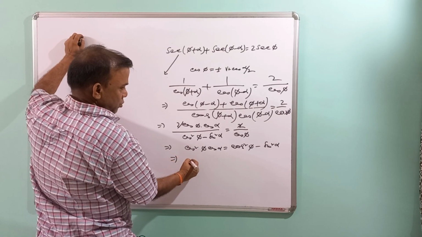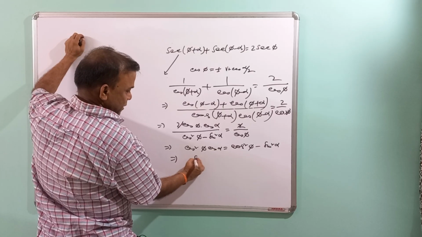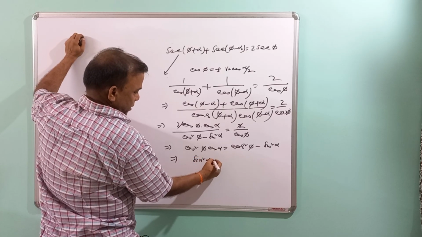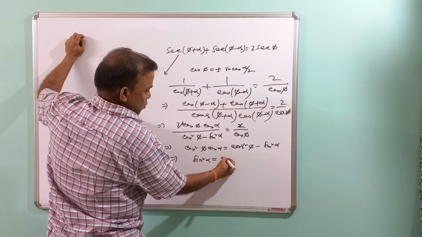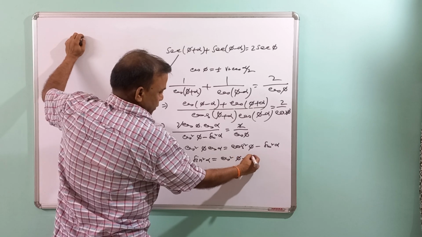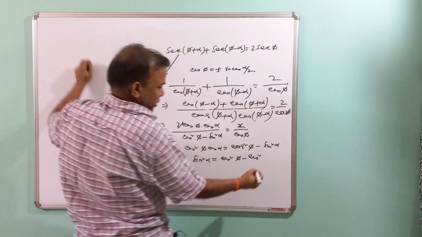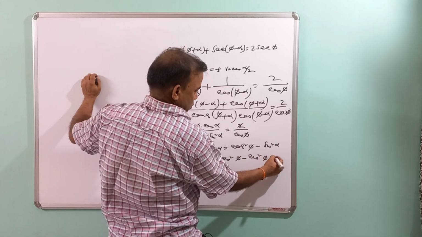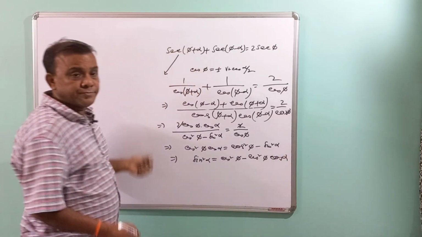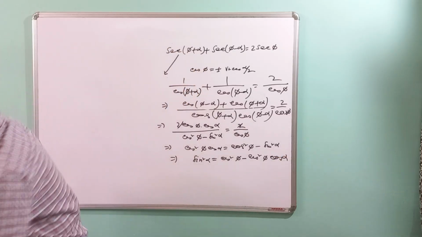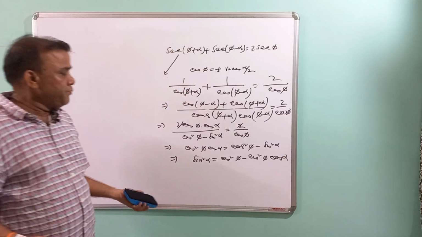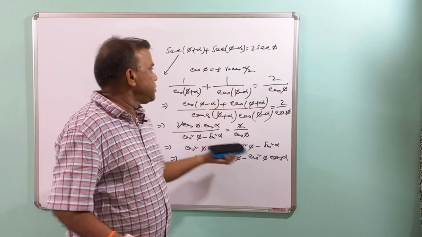Therefore, sin square alpha is equal to cos square phi minus cos square phi into cos alpha. Okay. Rearranging the terms of this relation.